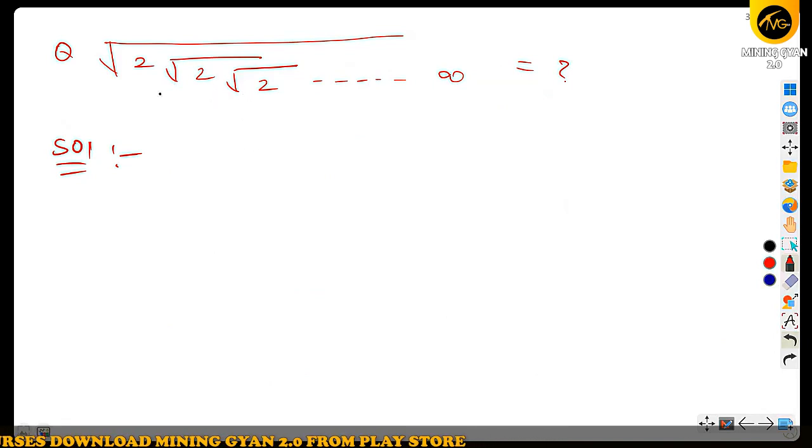So the answer is the same as the number used in the root. If the series goes to infinity, the answer is 2.